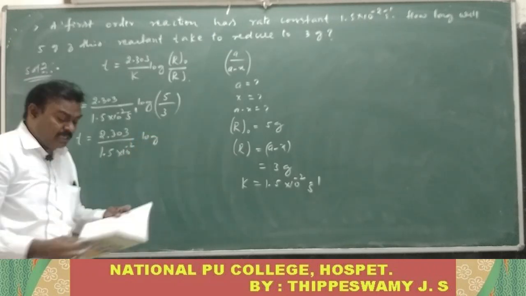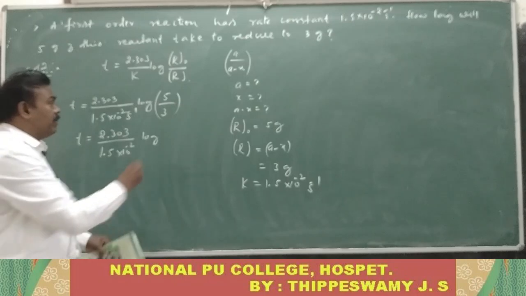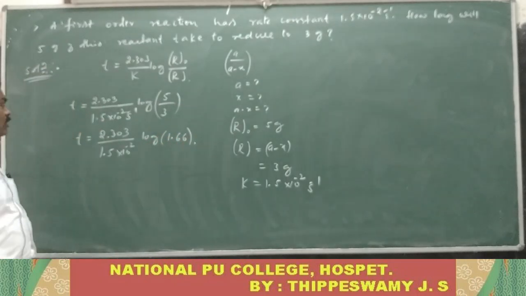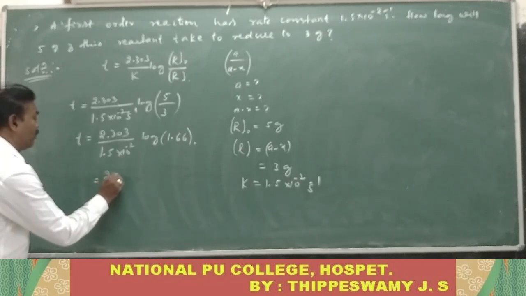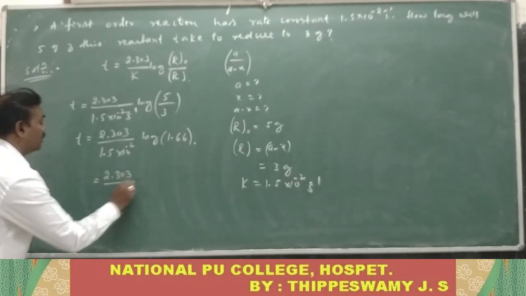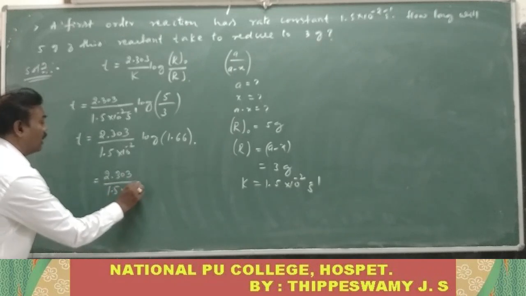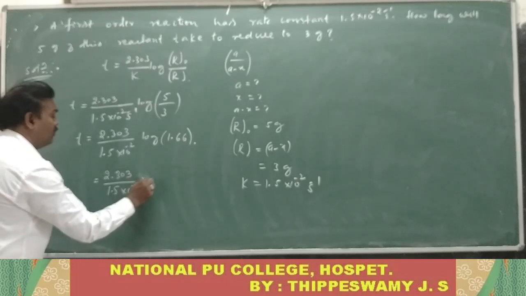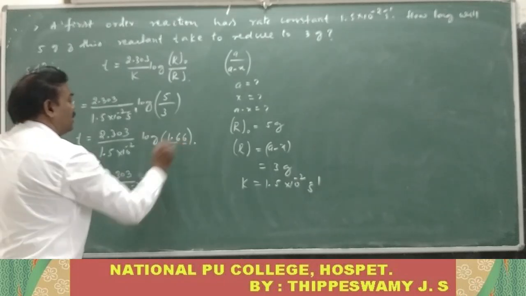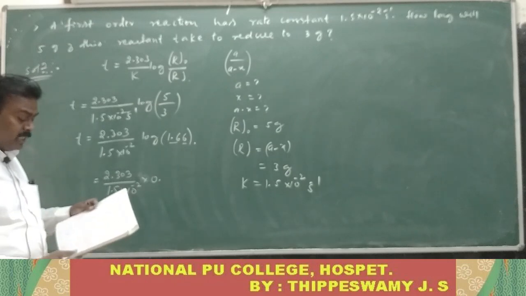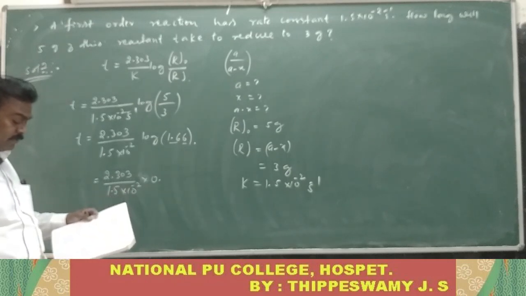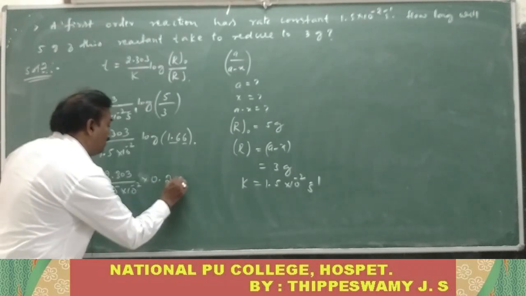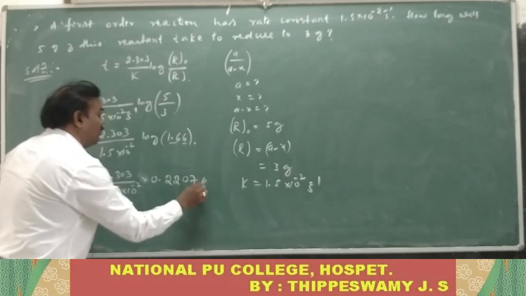What is the value of 5 by 3 now? Can you tell me? 5 by 3 is equal to 1.66 you are getting. Then what is the value of log 1.66? You write as it is: 2.303 divided by 1.5 into 10 to the power minus 2, into log 1.66, is equal to 0.2207.